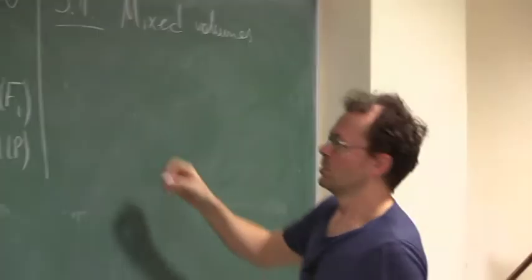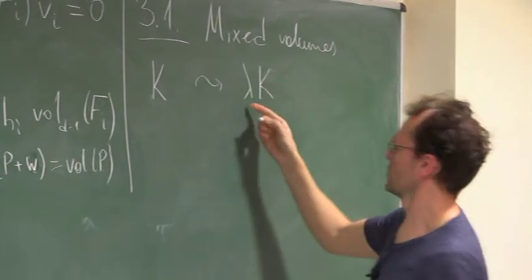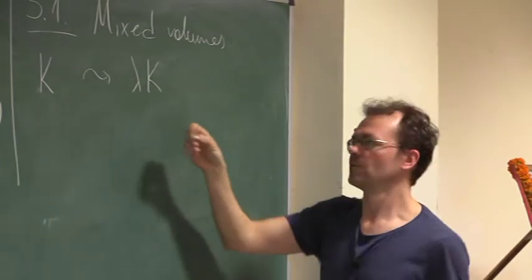Good, so if we have a convex body K, then we can scale it by any non-negative factor.